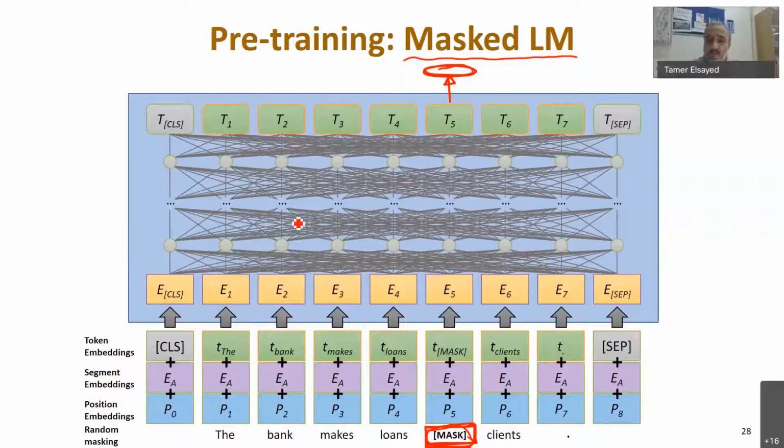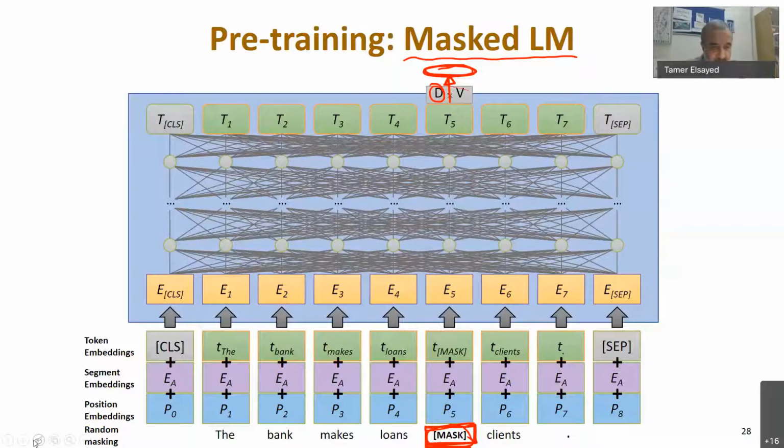Okay, so in the corresponding embeddings, I think I have this in the next slide. So here we have a layer that takes the embeddings of size D. Remember, all the embeddings here are of the same size.